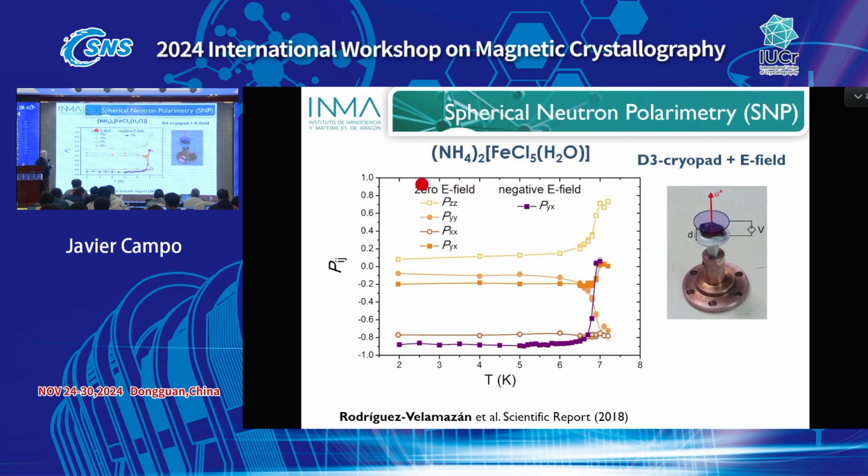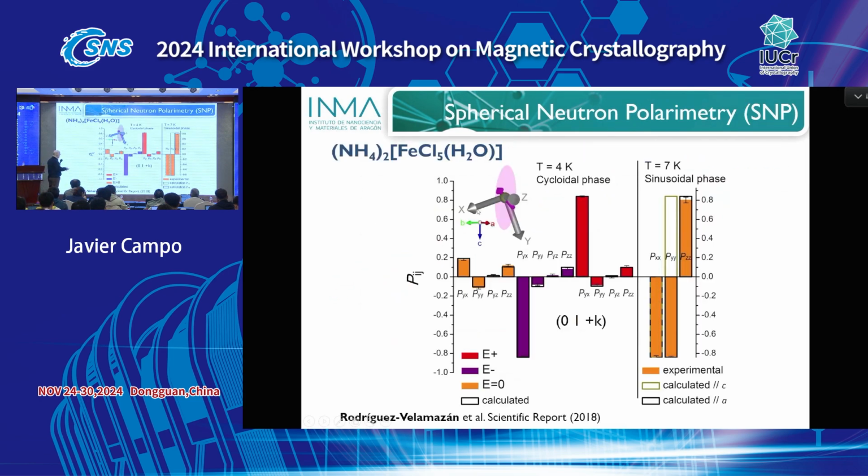With zero field and with field, as a function of the temperature. You can see here the different terms. In this area, we are in the very narrow area, and here we are in the ordered area.